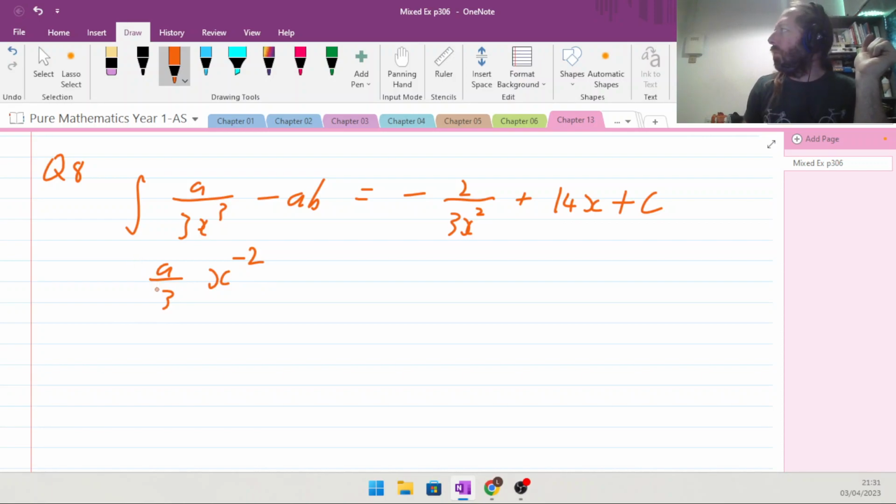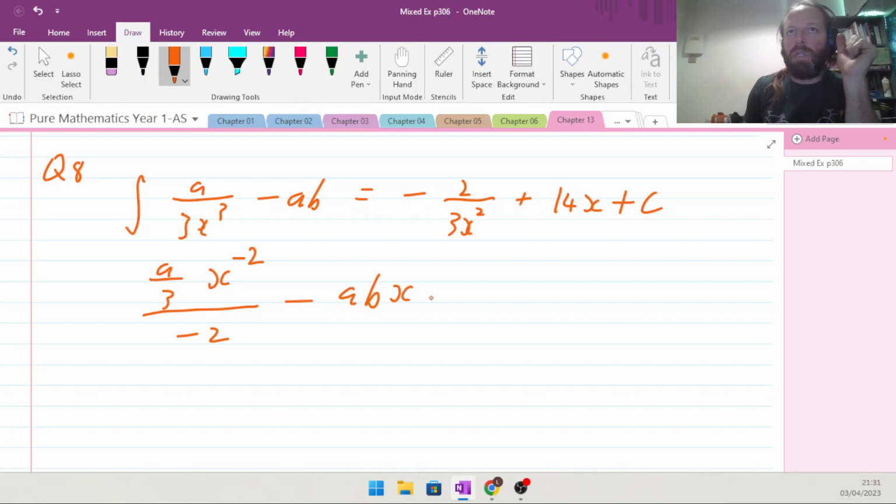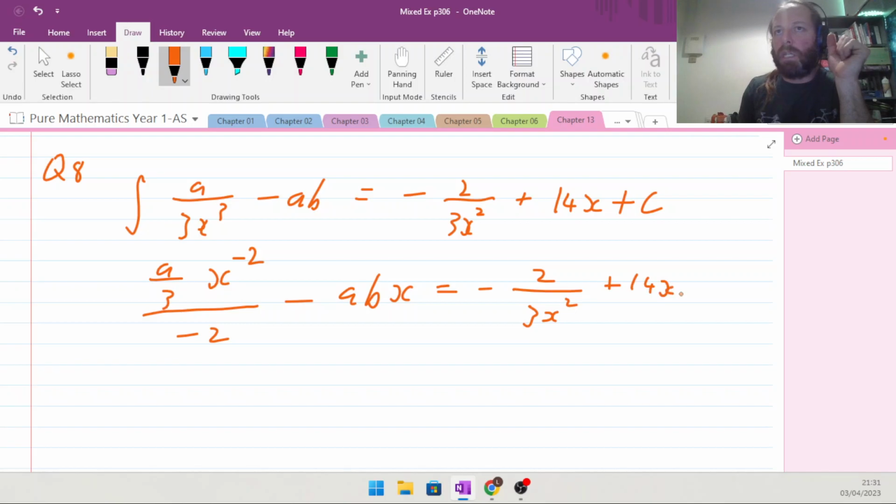So we're dividing by minus 2, minus abx, and that all equals minus 2 over 3x squared plus 14x plus c. This would also have a plus c on it. Okay, the plus c's can disappear, so we can ignore them.